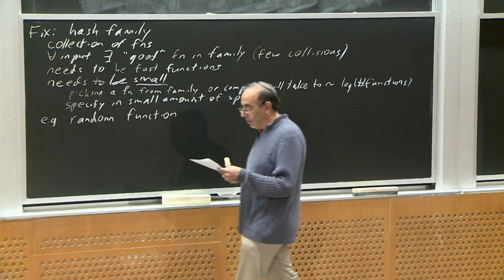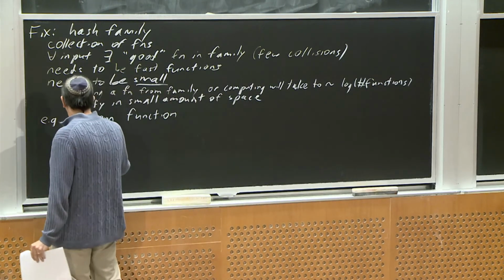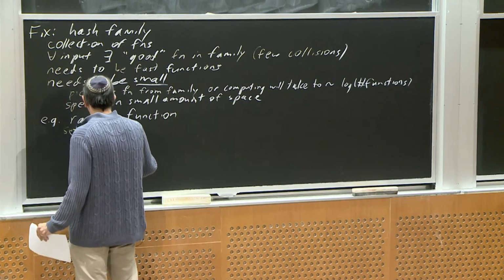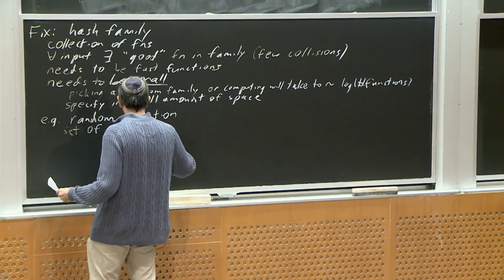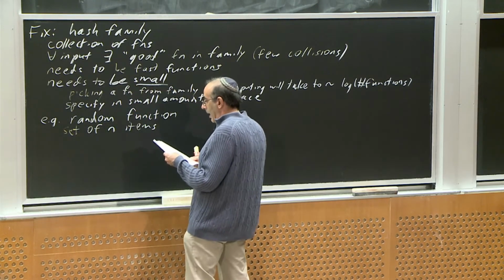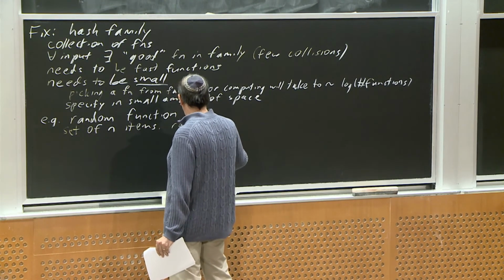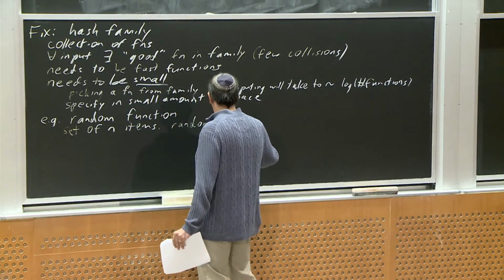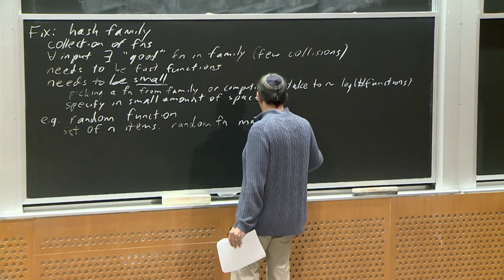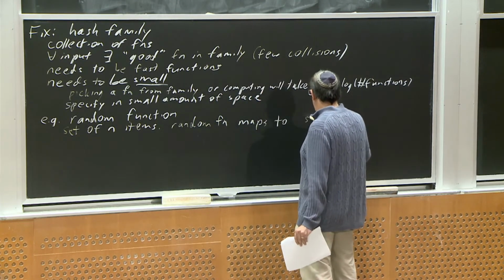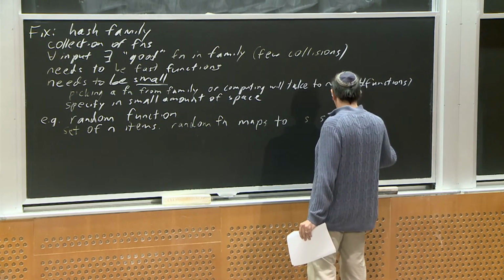Okay, so we are taking our set of n items, and we use a random function that maps those items to my S space.